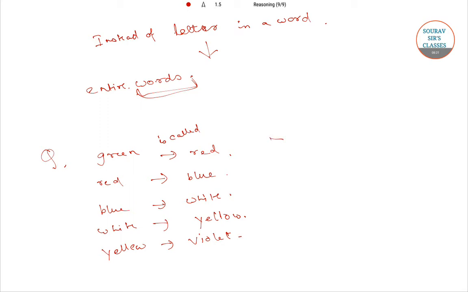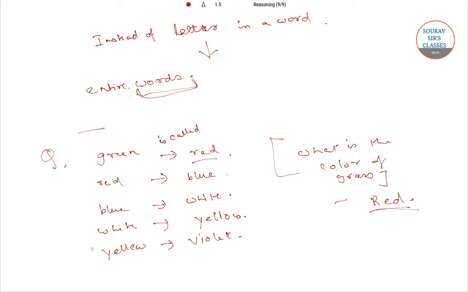Then the question is, what is the color of grass? So we know that the color of grass is green, and green is called red. So according to the given information, the answer would be red.